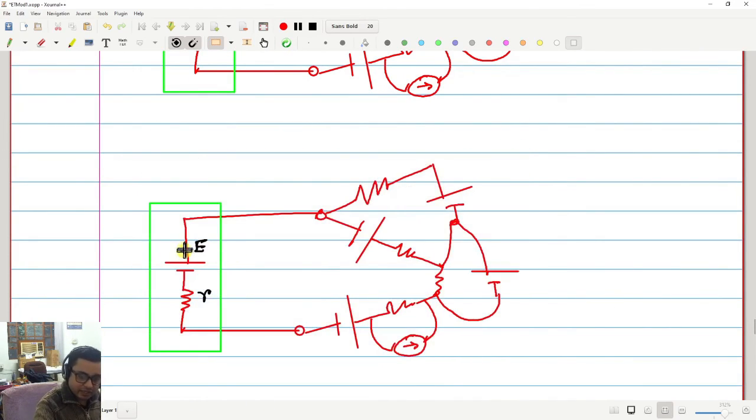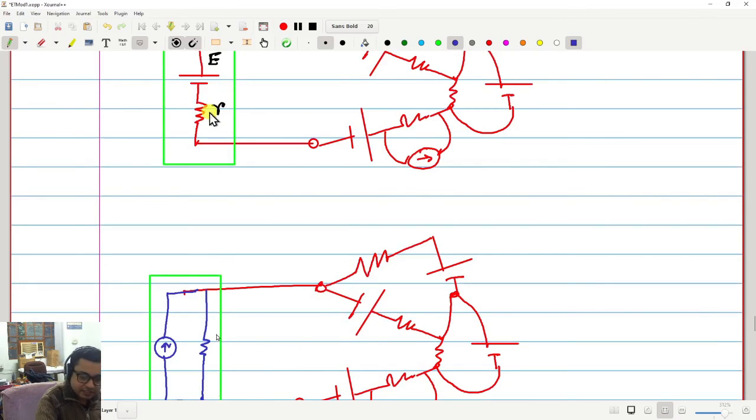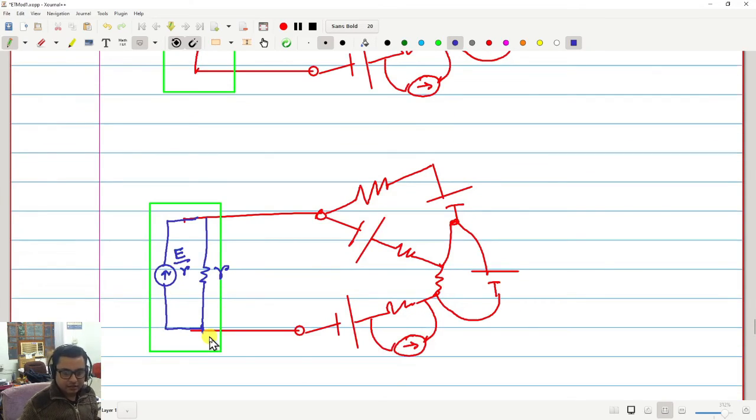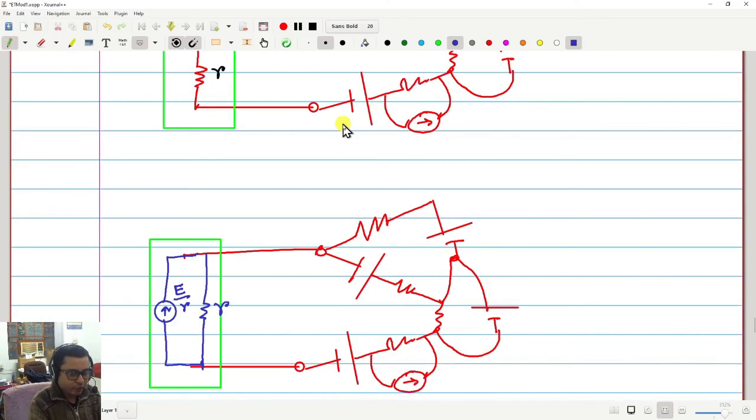Let me, in place of this battery, put a current source such that this resistance is equal to this resistance and this current is E by R. Then this bigger circuit and this bigger circuit will behave the same way.